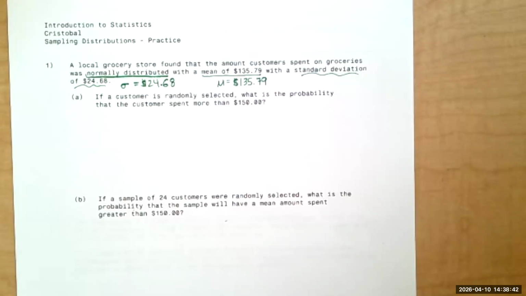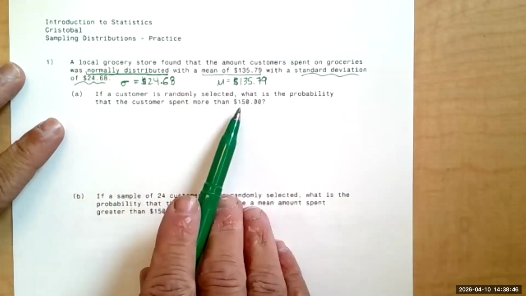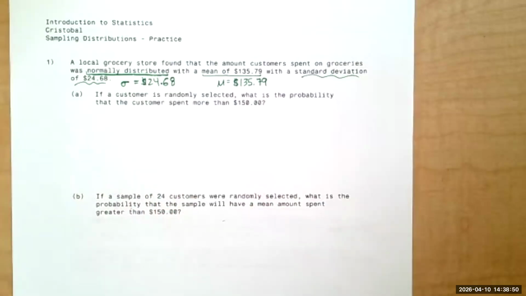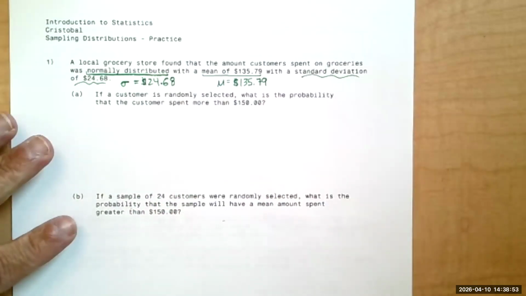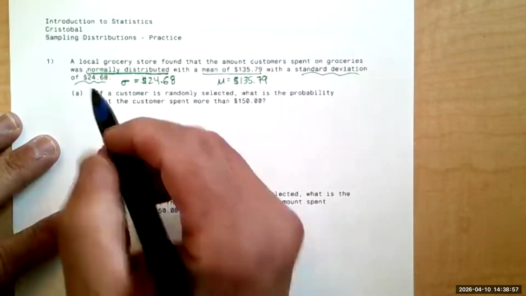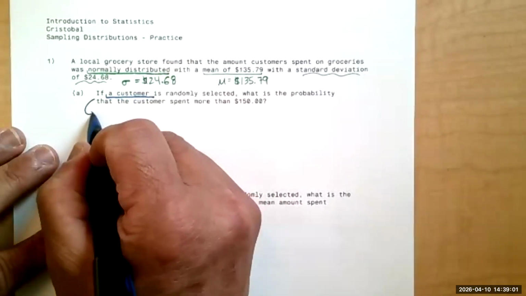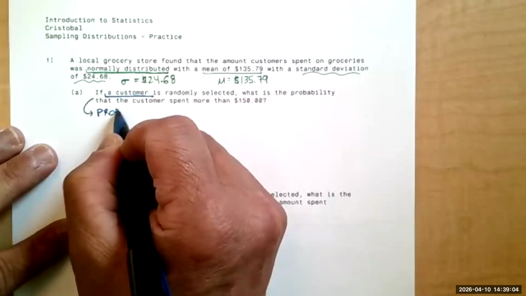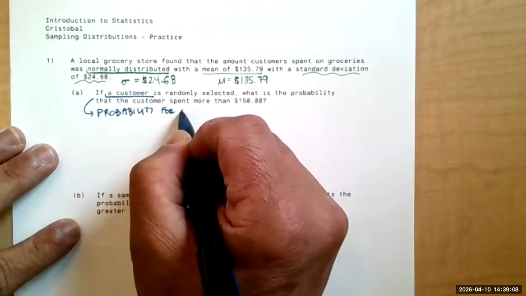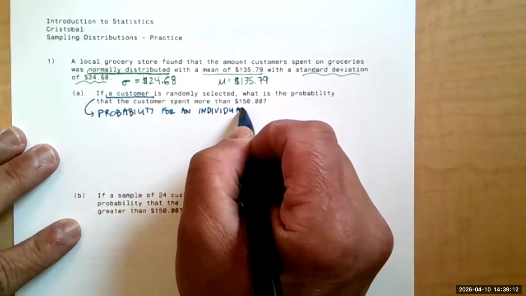Now, in this first part of the problem: if a customer is randomly selected, what's the probability that that customer spent more than $150? What's important to identify is that we're just taking a single customer, so we're looking at the probability for an individual, just one person out of that population.